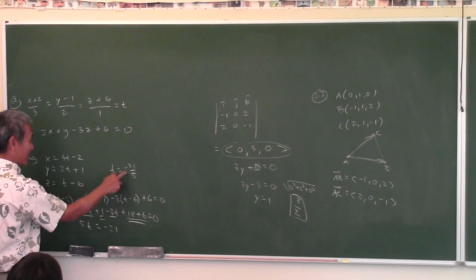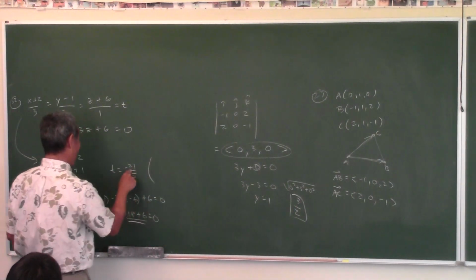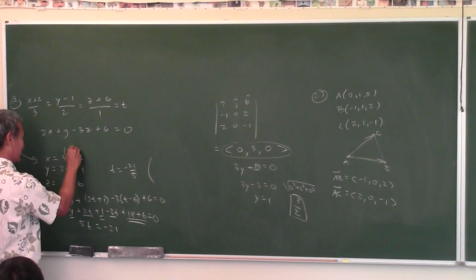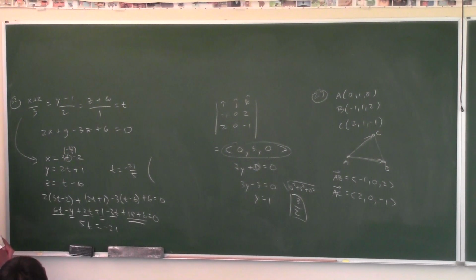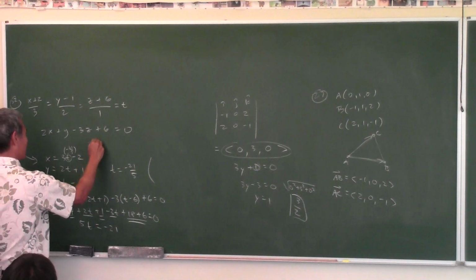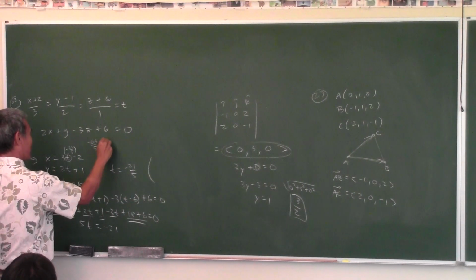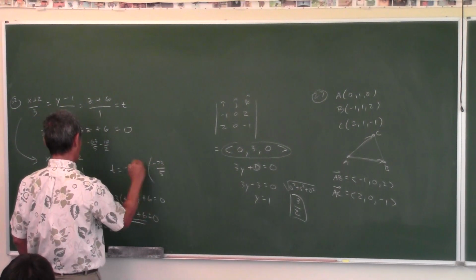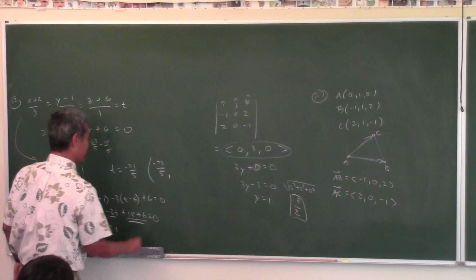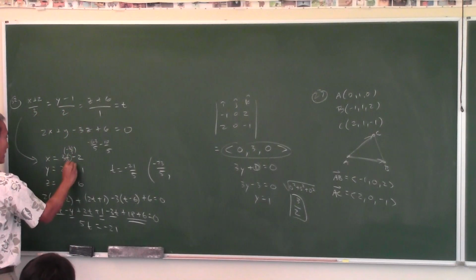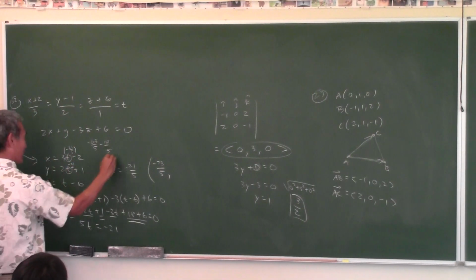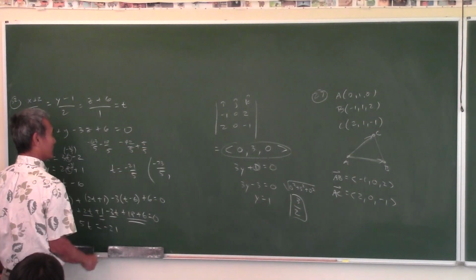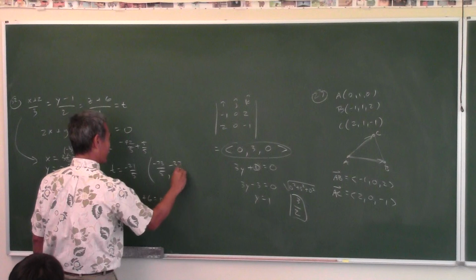Okay, so this is the value of t where the line will intersect the plane. Now to find the point, you have to plug it in. What happens when you plug in negative 21 fifths here? Negative 63 fifths minus 2, negative 73 fifths. And if you plug in negative 21 fifths there, you get negative 42 fifths plus 1, negative 37 fifths.